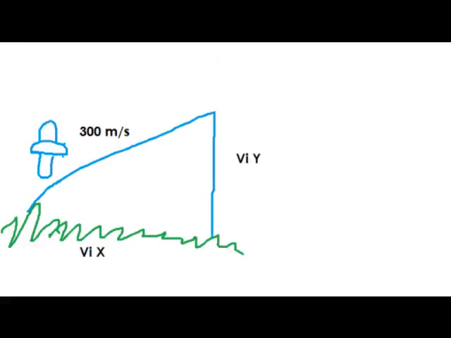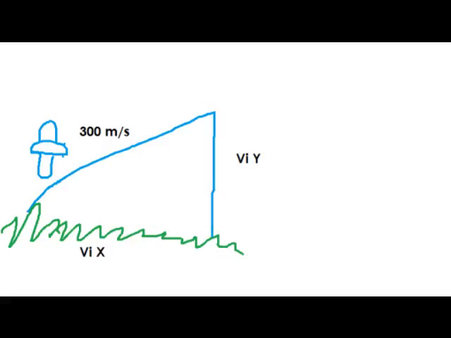The next thing you need to know is a vector can be resolved into its component vectors using sine and cosine functions. To show this, we will find component velocities of an airplane traveling 300 meters per second at a 40-degree angle with the ground. We must find the horizontal and vertical velocities of this, since they will be different now.